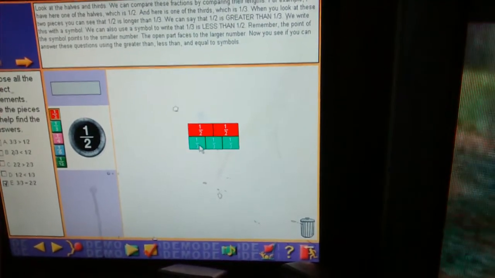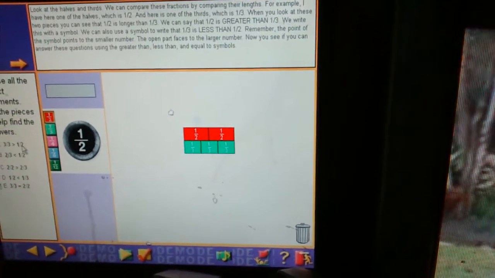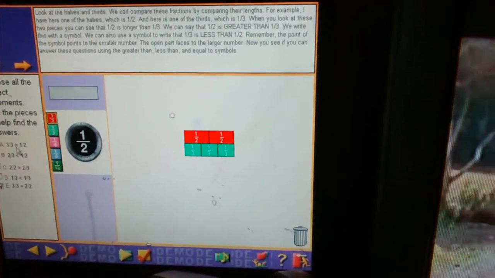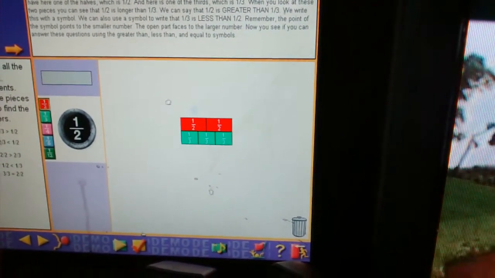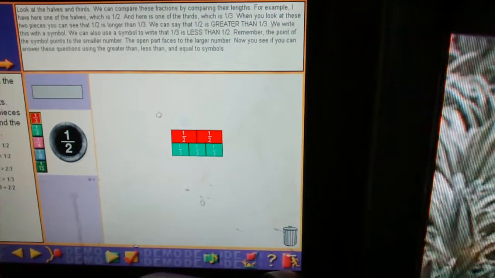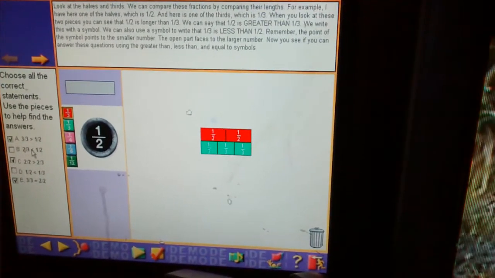No. 2/3 is less than 1/2. 3/3 is greater. Okay, then click. Oh, I thought these were all equal. No, those are greater. Remember, greater is to the left, less is to the right.